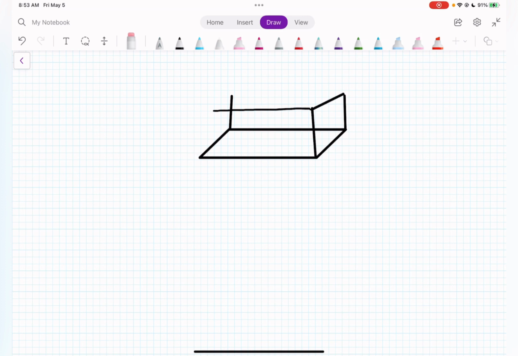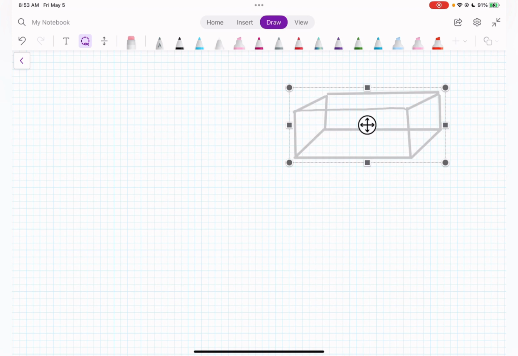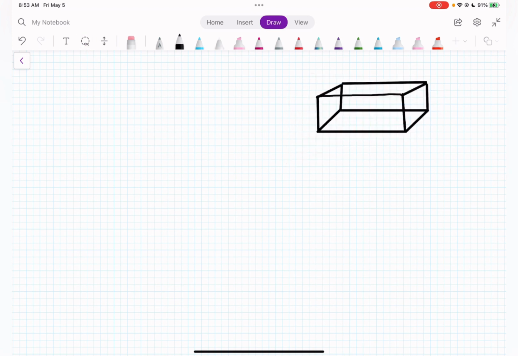Okay, and then from here, and lastly, there we go. Making it smaller. And we got it.